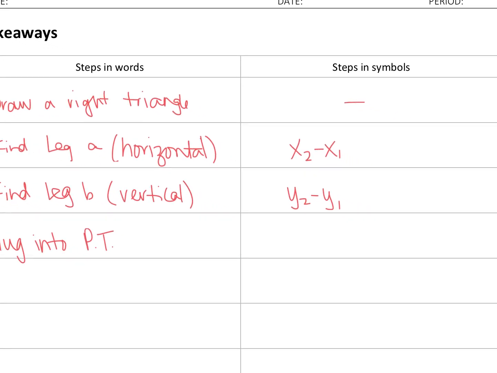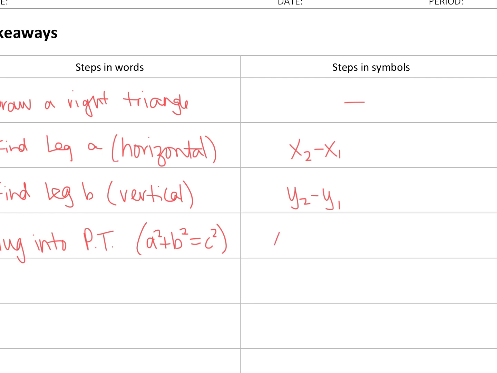When we do that, Pythagorean's theorem, which normally looks like this, a squared plus b squared equals c squared, will look just a little bit different since, instead of a, we're doing the subtraction of x2 minus x1, and instead of b, we're doing the subtraction of y2 minus y1.